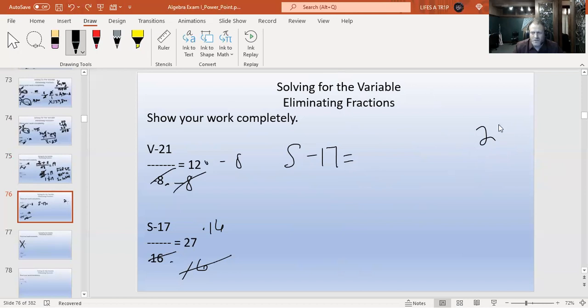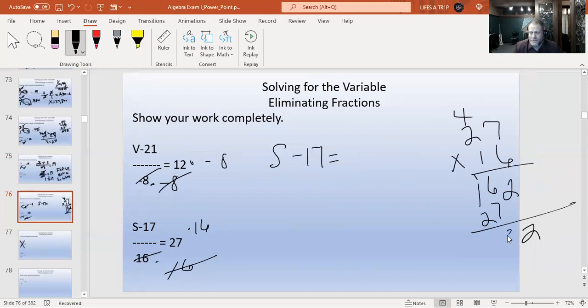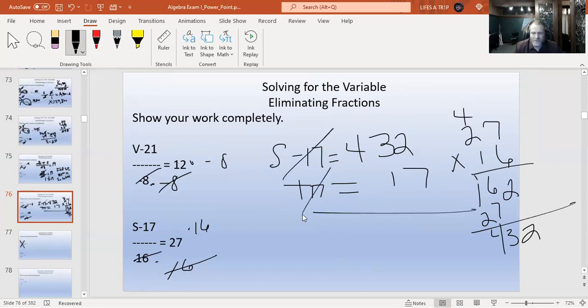Well, scatterbrain today. 27 times 16 is 432. Let's try to get rid of some of this debris. All right, plus 17 to get that S by itself. And cancel. S equals 449. So S equals 449.